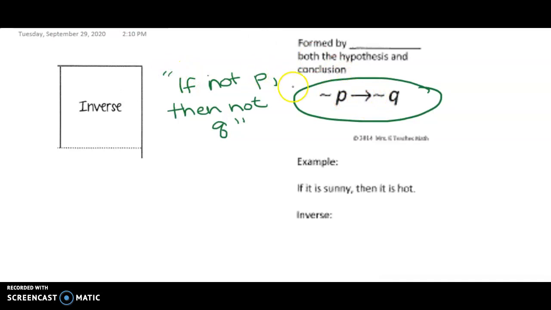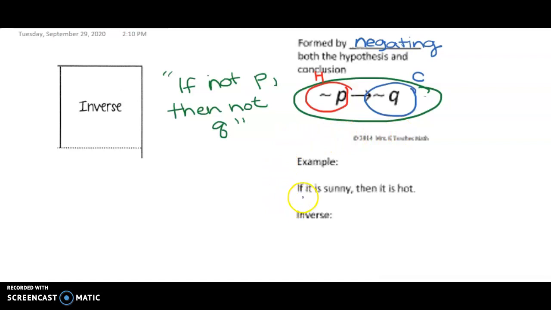So our hypothesis in this case is the not P, and our conclusion is the not Q. All we're doing is taking the conditional statement, because remember the conditional statement is if P then Q, and we're negating both the hypothesis and the conclusion.